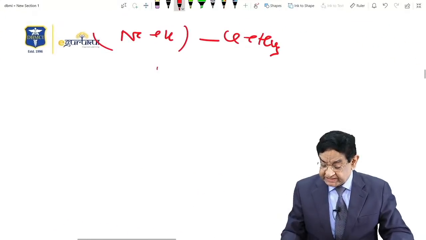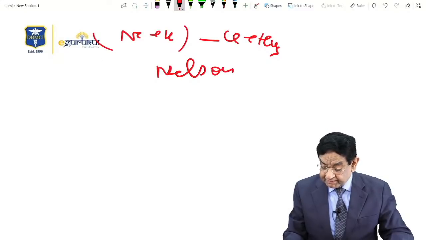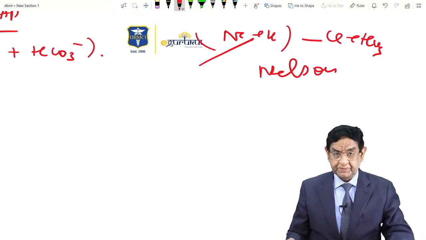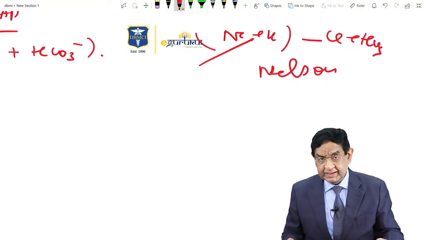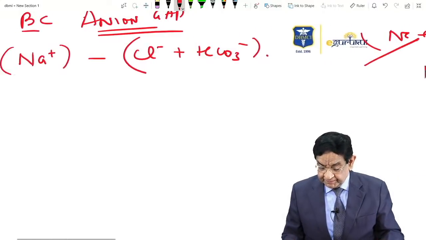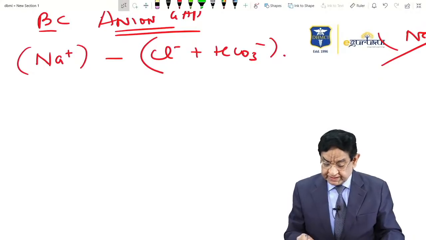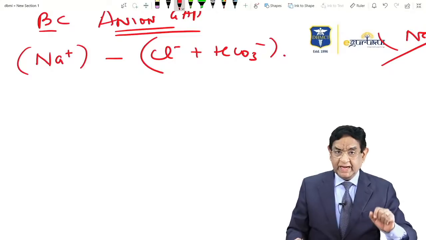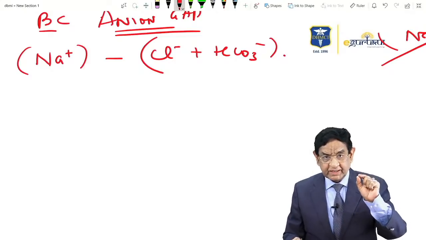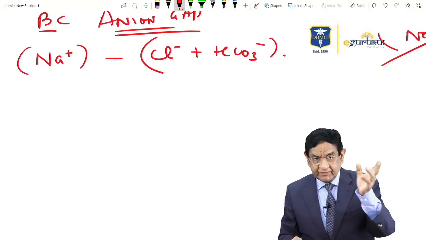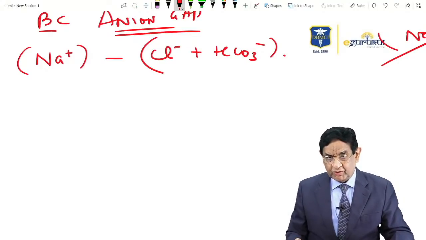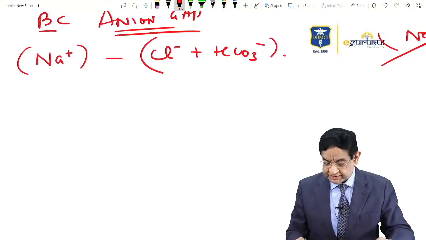If you read the Nelson pediatric book, they say this can be done this way also. Anyway, in Harrison and Oxford, they go by this formula. So I'm going by this formula. It's my duty to tell you where some confusion occurs. Different books do mention slightly different things. It's my duty to clarify your doubts. So let's go by this.